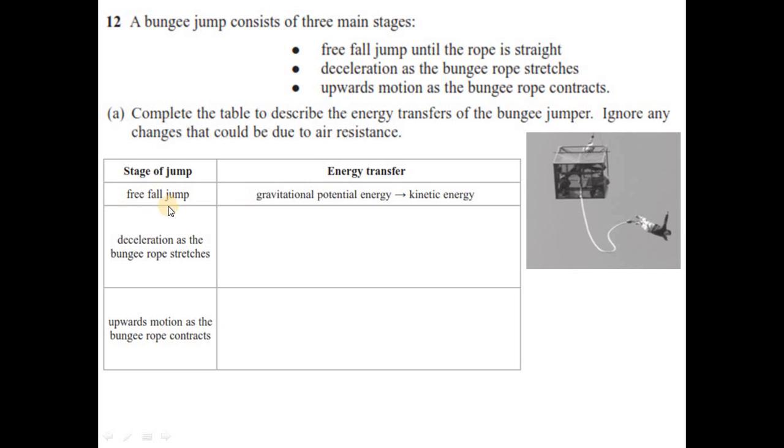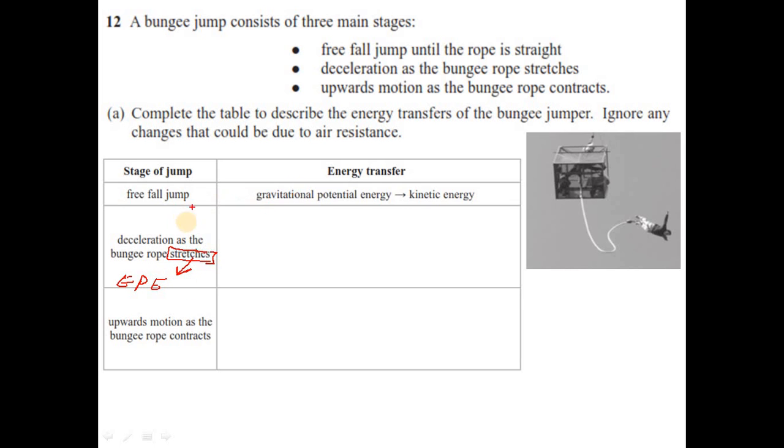So during a free fall jump, gravitational potential energy is converting into kinetic energy. And deceleration as the bungee rope stretches: because the bungee rope is being stretched, elastic potential energy is stored.